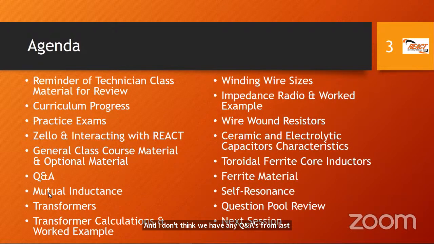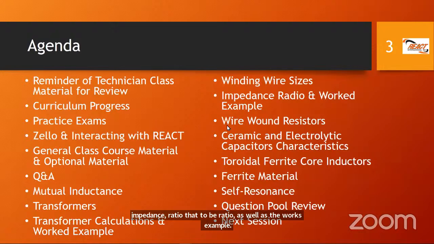We'll start off with mutual inductance. Then we move to transformers, and then we'll do some calculations associated with transformers and a worked example. Then we will discuss the wire sizes associated with the windings of transformers. Then we will discuss impedance ratio, as well as a worked example. And then we will discuss wire wound resistors and their properties.